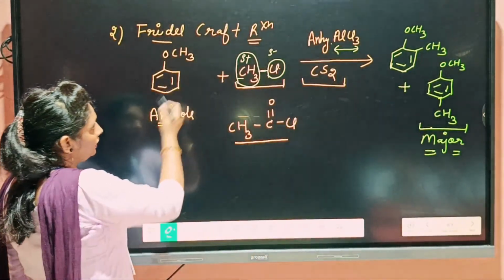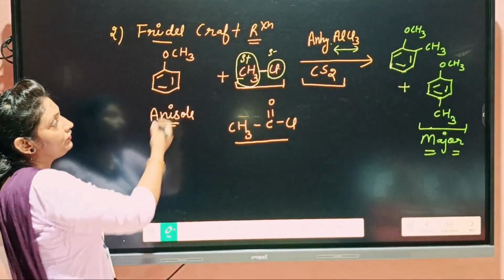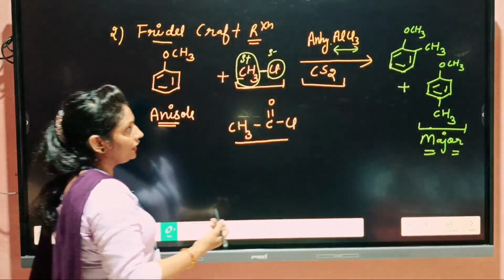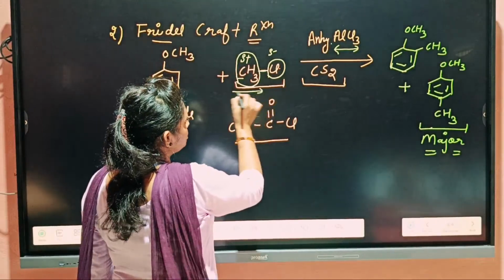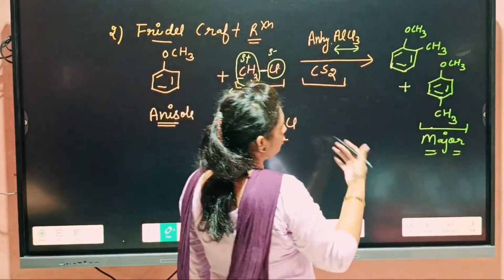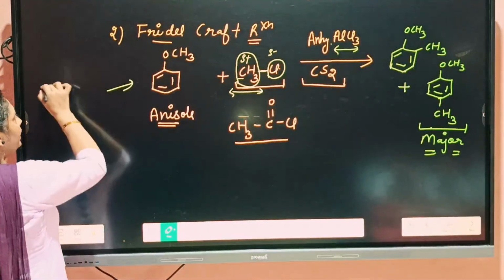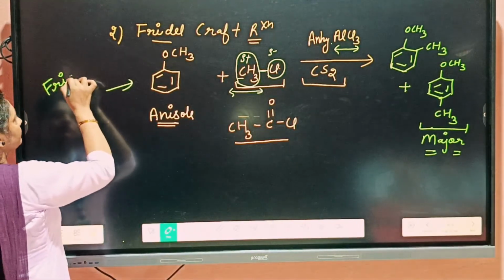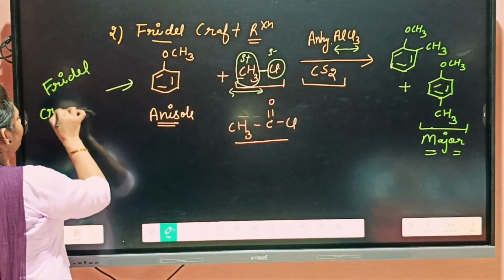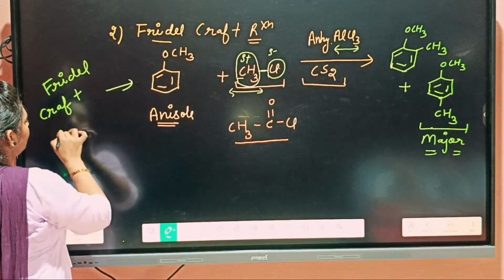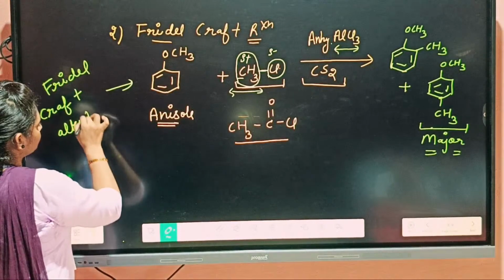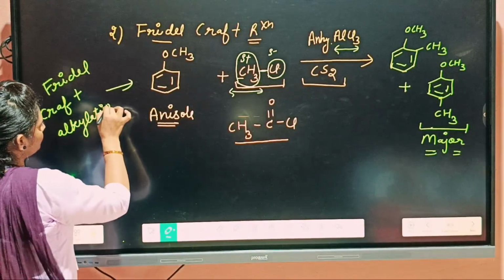This reaction is a name reaction. It is known as the Friedel-Crafts reaction because here addition of a methyl group, an alkyl group, is taking place. So it is known as Friedel-Crafts alkylation.